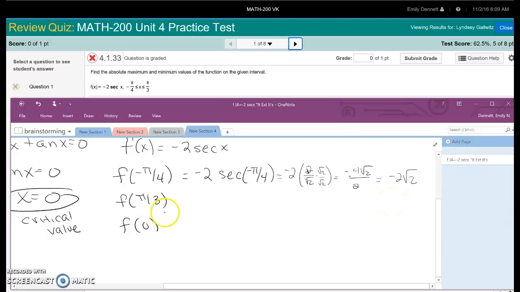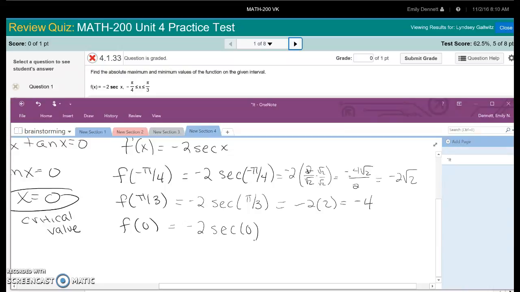So then for f of pi over 3, we'd have negative 2 times secant of pi over 3. Now secant of pi over 3, cosine would be 1/2, so secant is 2, the reciprocal. So we'd have negative 2 times 2, which would be negative 4. And then for 0, we'd have negative 2 secant of 0.